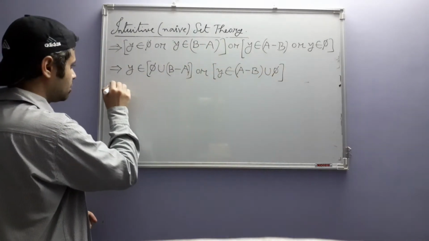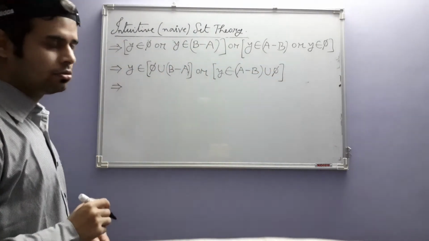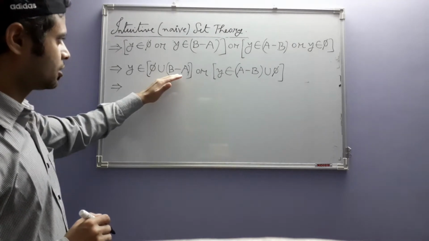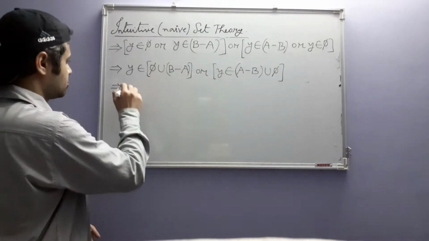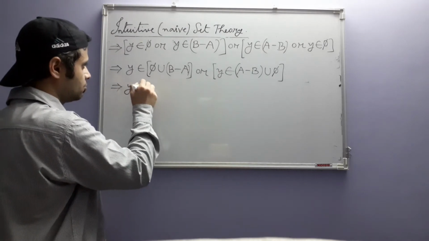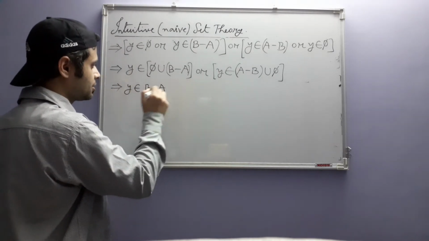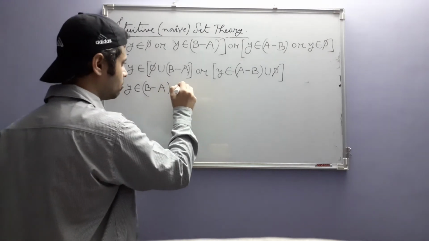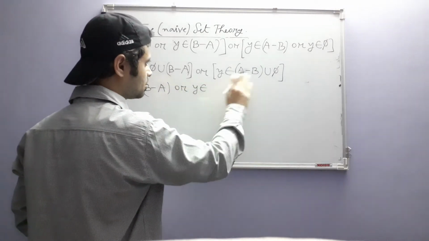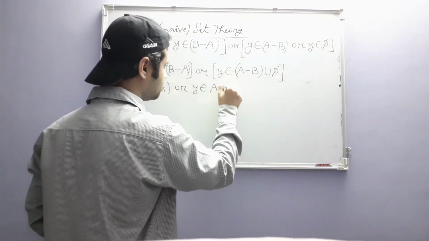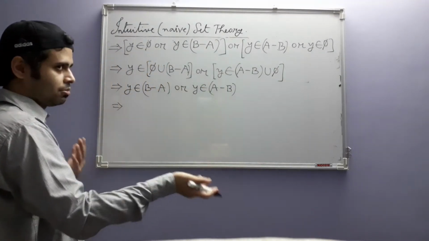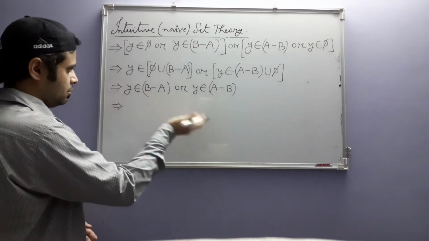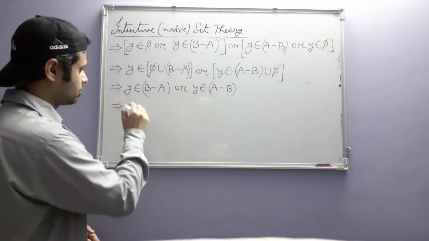And if you remember the properties of union, if you take the union of any set with the empty set, you get the set back. So this means y belongs to B minus A, or y belongs to, similarly here also, A minus B, which can also be written using commutativity of disjunction.